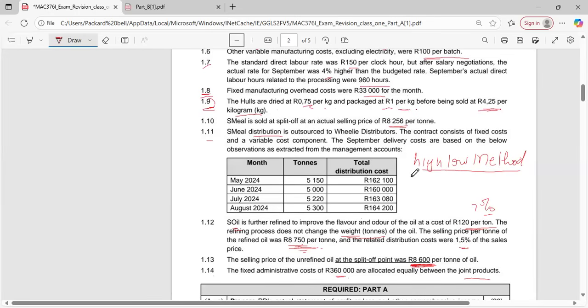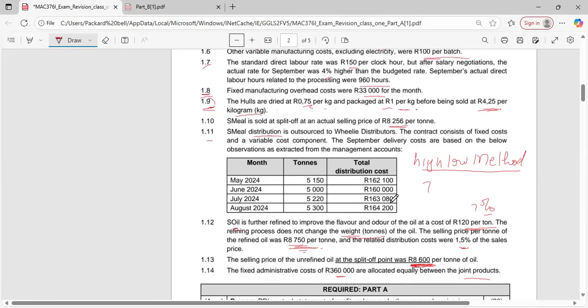Then we want to base September on here. So we are going to use the high-low method to calculate the variable cost per unit so that we can see the variable cost and the fixed cost for September. Those are going to be the distribution costs for S meal.